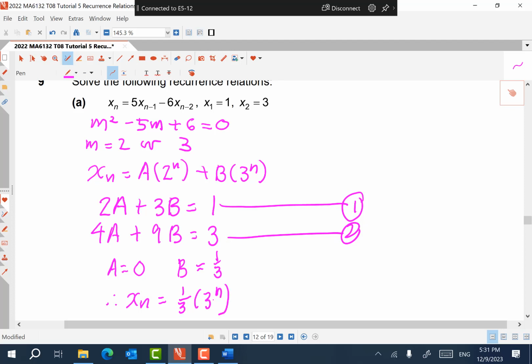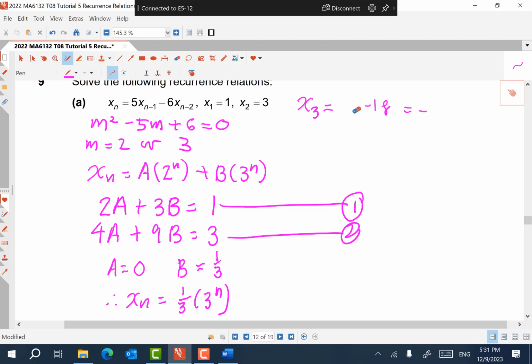Let's check if it is right. When n is 1, it's true, it's 1. When n is 2, it is 3, right? When n is 3, according to the recurrence relation, it is 5 times 3 minus 6.